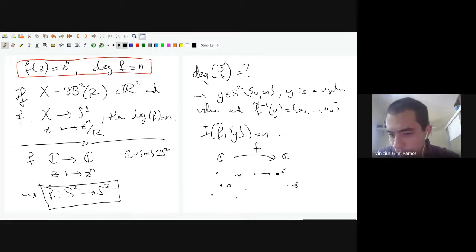But if I take a critical value, the preimage in this case is just 1 point. It could be more than 1, and what happens is that the number of preimages is not locally constant when you take a critical value. I think that's what Marcelo was asking about. But that doesn't come up in the proof, because for the proof you only need to consider regular values. Otherwise, you perturb the function, and whichever point you had becomes a regular value for the new function.